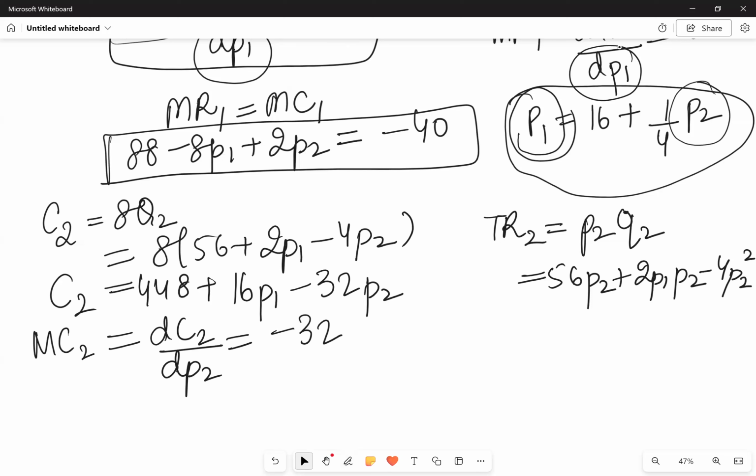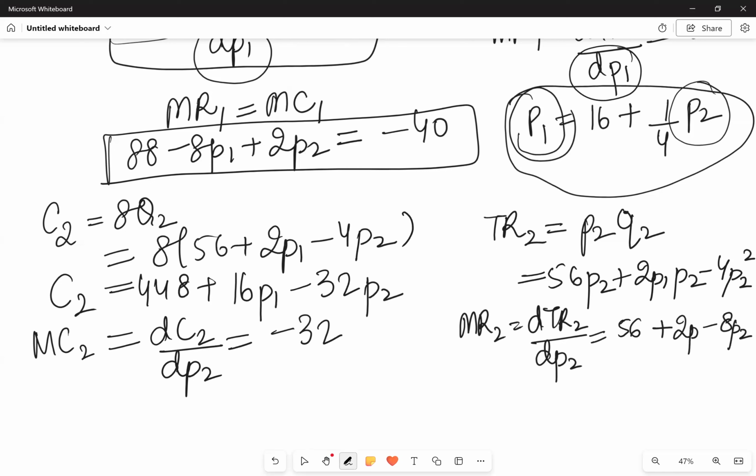Okay, so MR2, which will be dTR2 with respect to dP2, will come out to be 56 plus 2P1 minus 8P2.